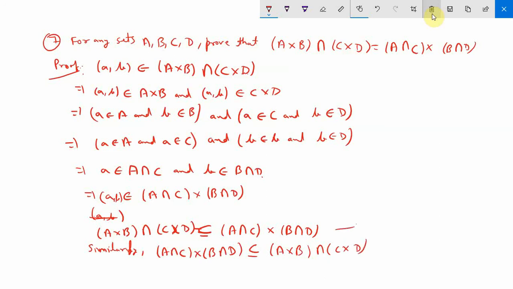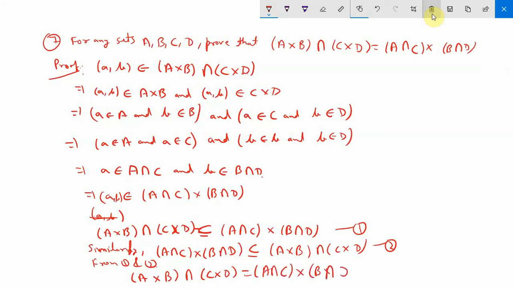So from 1 and 2, we get (A × B) ∩ (C × D) equal to (A ∩ C) × (B ∩ D). Okay, friends.